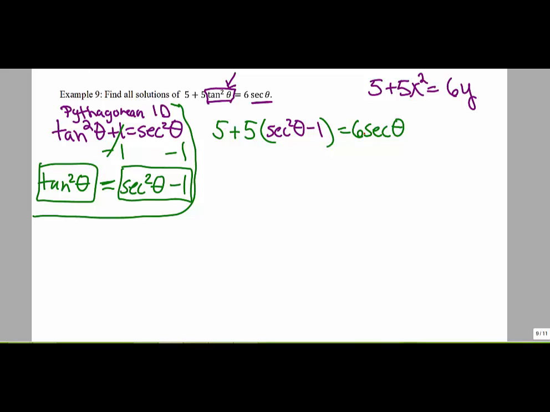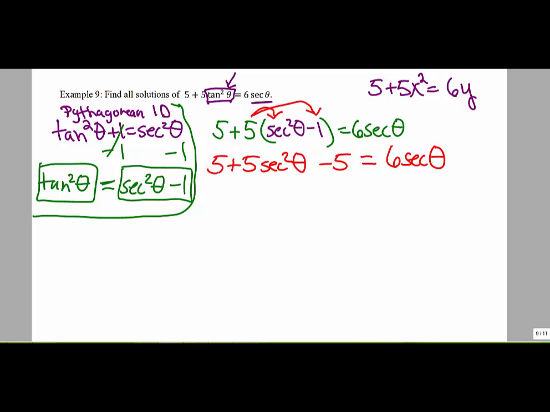Now we only have one trig function within our equation, and that's what we want. So we're going to get rid of the parentheses by doing a distribution. So now we have 5 plus 5 times secant theta minus 5 equals 6 secant theta.